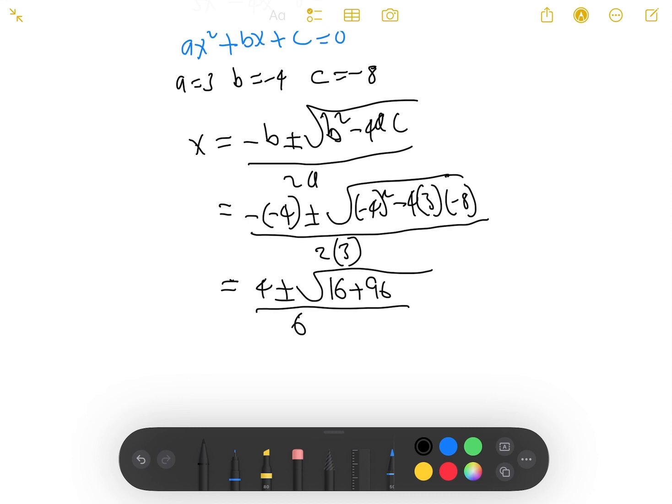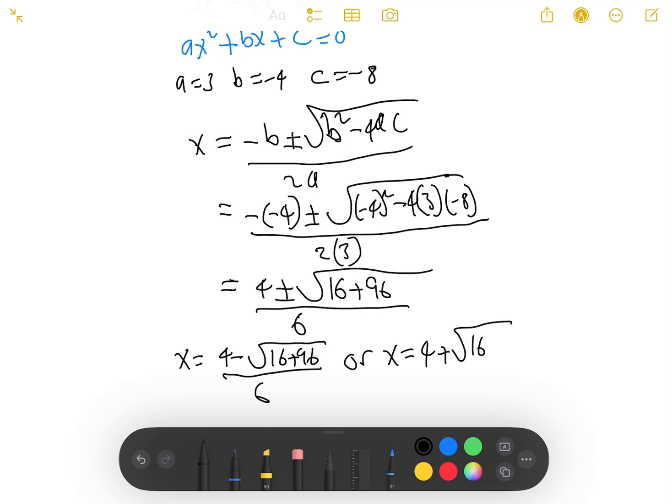So we end up with x being equal to 4 minus the square root of 16 plus 96 over 6, which is the first root, or x is equal to 4 plus the square root of 16 plus 96 over 6.